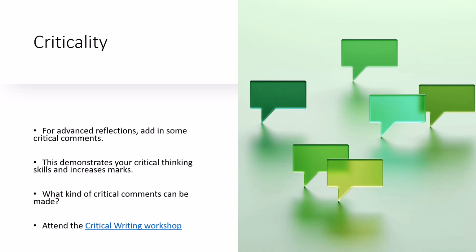Now, it's important as well, while you're referring to the literature in your analysis, to make critical points about that literature to demonstrate your critical thinking skills. So consider the kind of critical points that could be made about literature. It could be related to the age of the literature, the research methods employed, how the participants were chosen, or how big the sample size was, or even where the research was carried out.